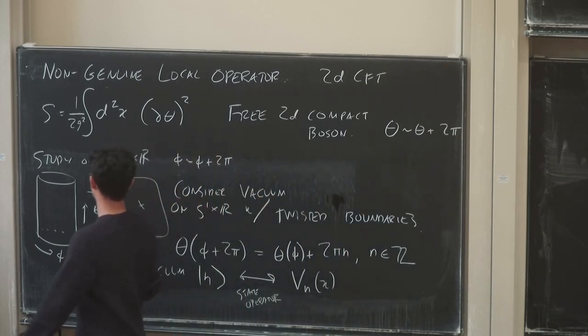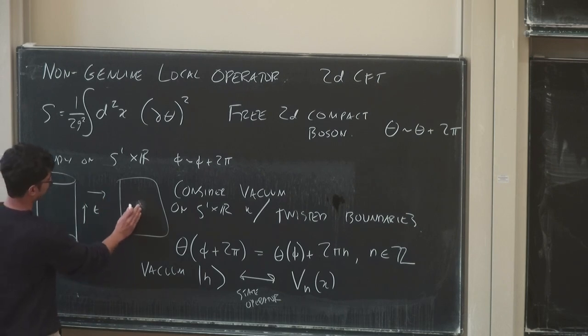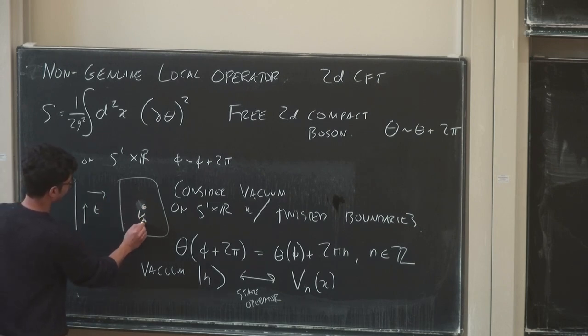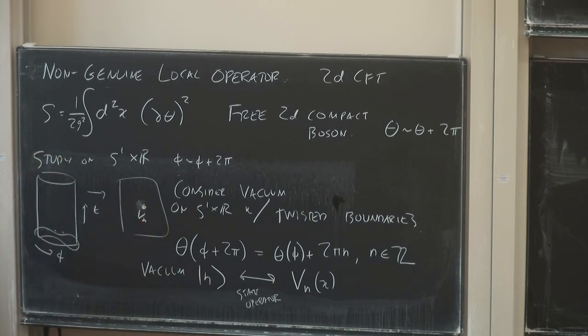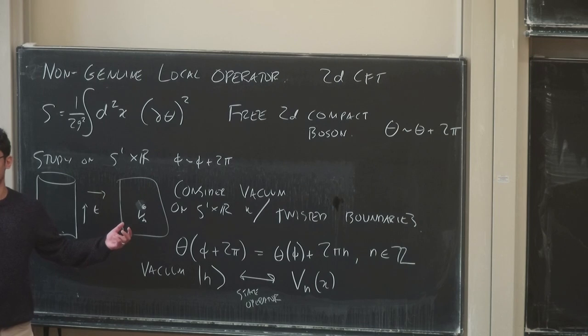I take my vacuum with my twisted boundary condition, I map it back to the plane, and I get some operator. I'm going to call that operator v sub n of x. This is a completely fine operator. It has no tail. It's just a perfectly fine operator.